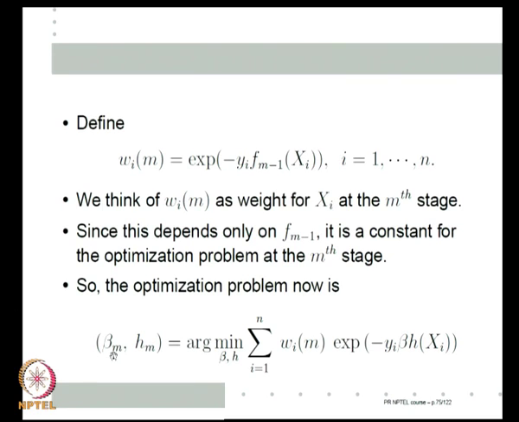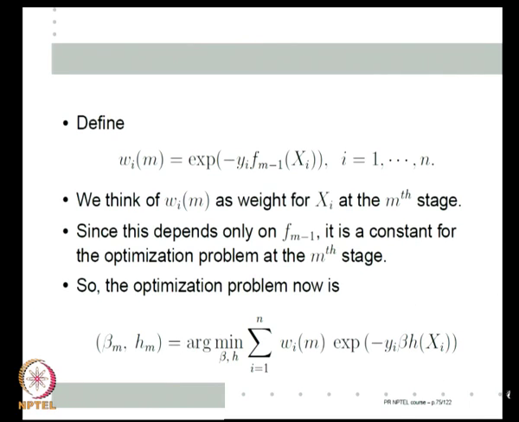So, this is what I have to do if I am doing stage-wise empirical risk minimization using exponential loss. At the mth stage I want to add the mth component. The mth component in our model is represented as beta_m into h_m(x).